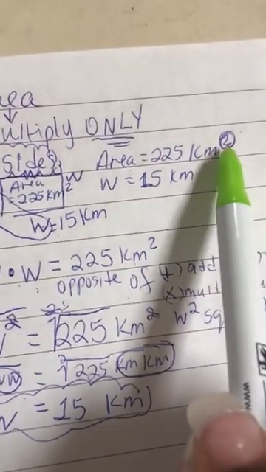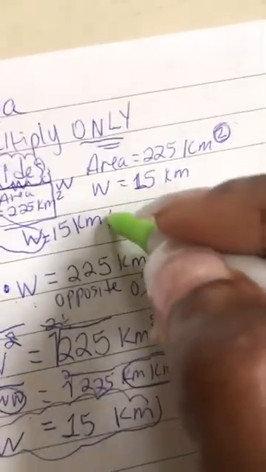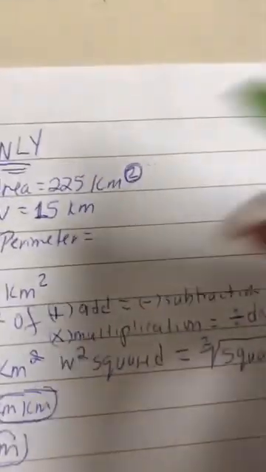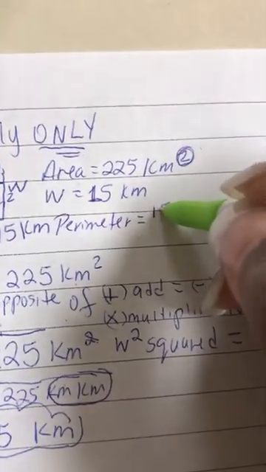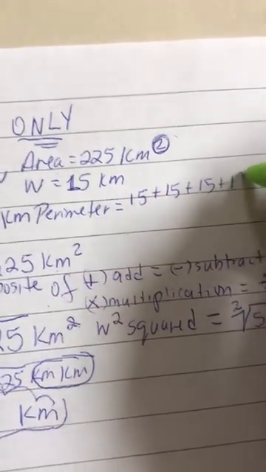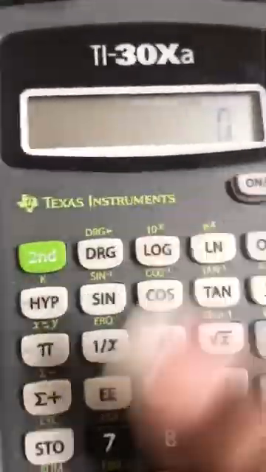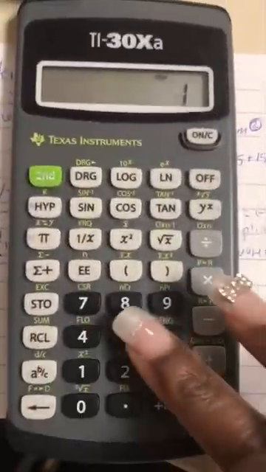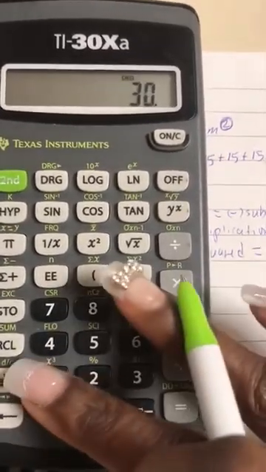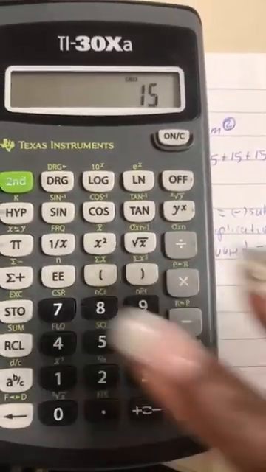That's how you know the difference between area and perimeter. The perimeter is equal to 15 plus 15 plus 15 plus 15. So on the calculator, I'm going to add 15 plus 15 plus 15 plus 15.